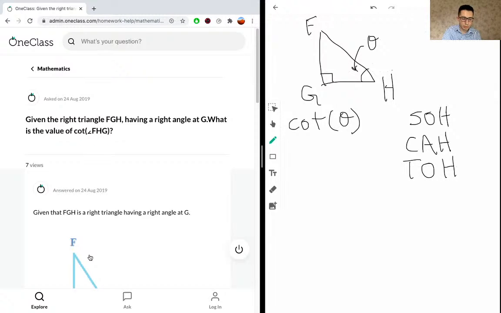Similarly, cos is equal to adjacent over hypotenuse, and then tangent is equal to opposite over adjacent, TOA. So tan theta is equal to opposite over adjacent.